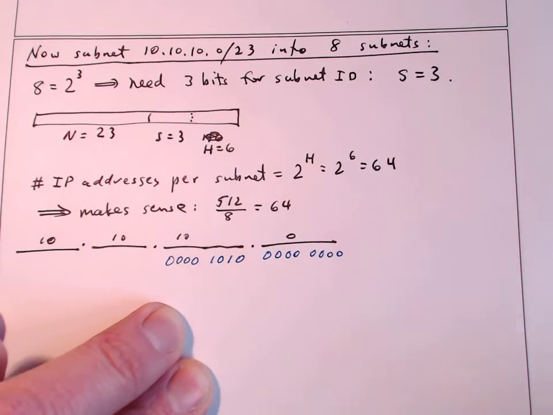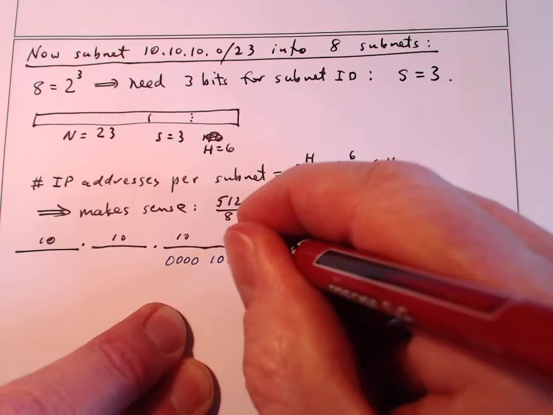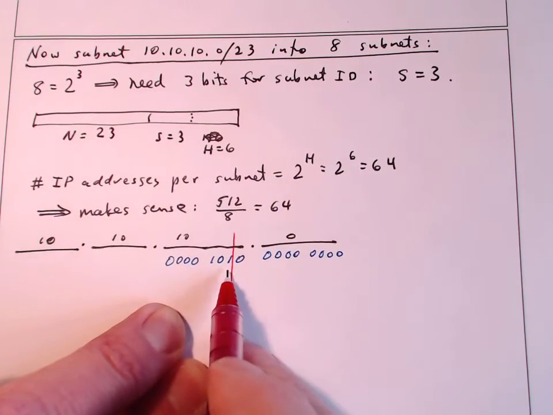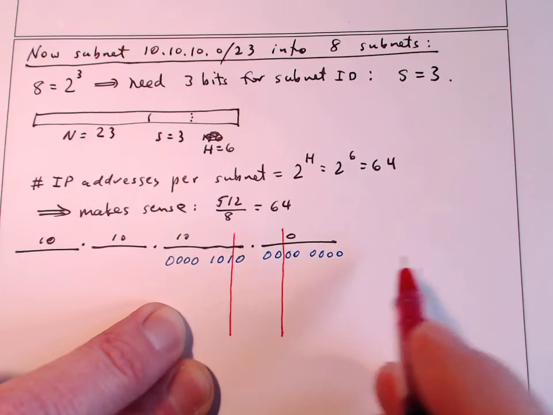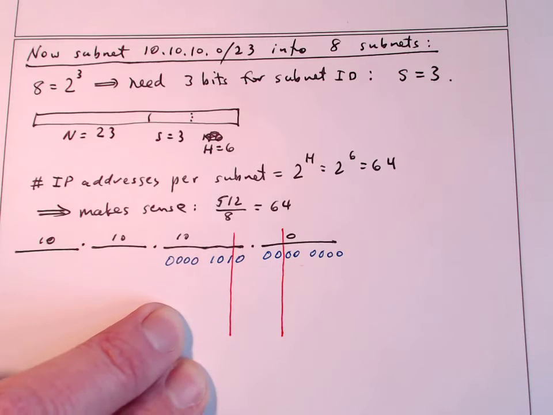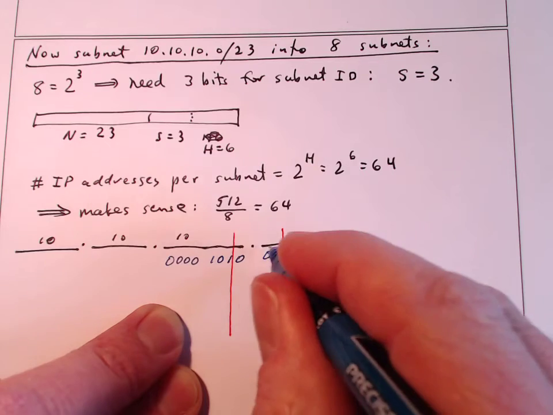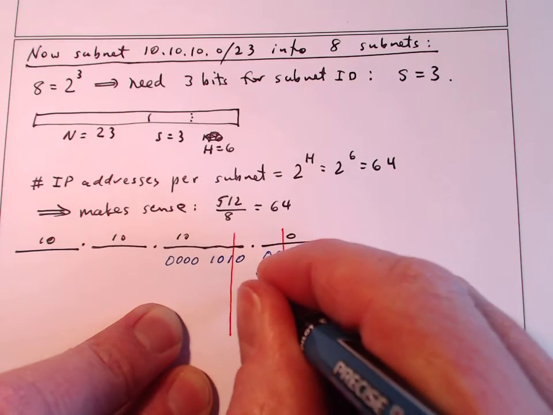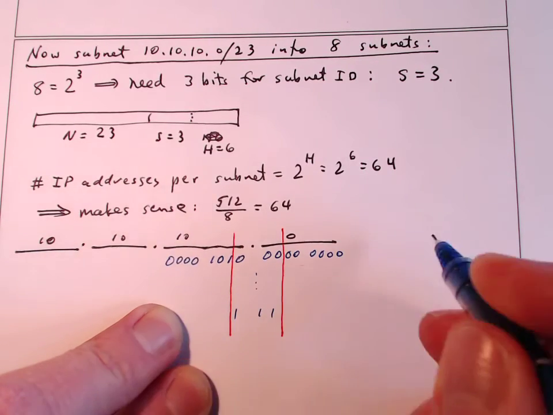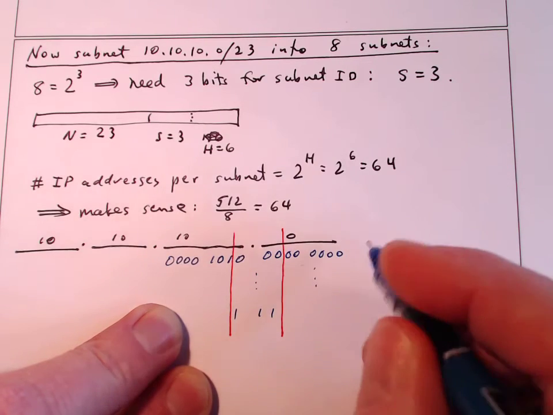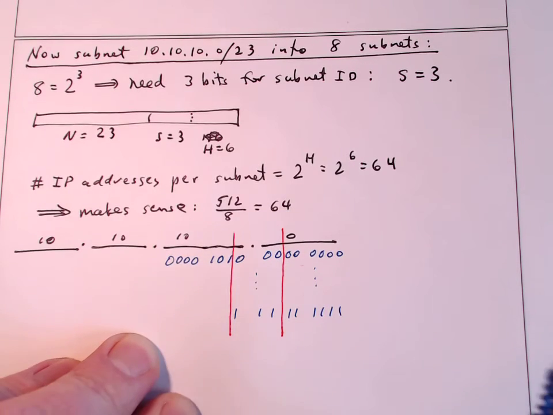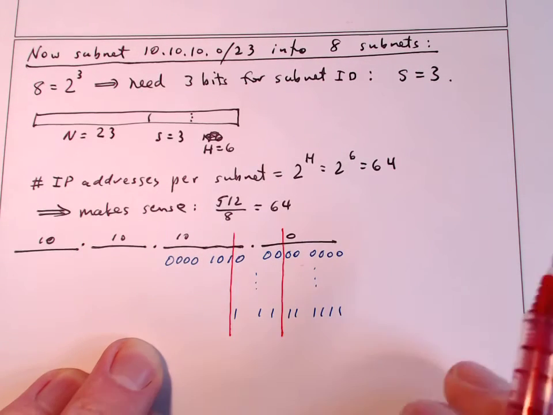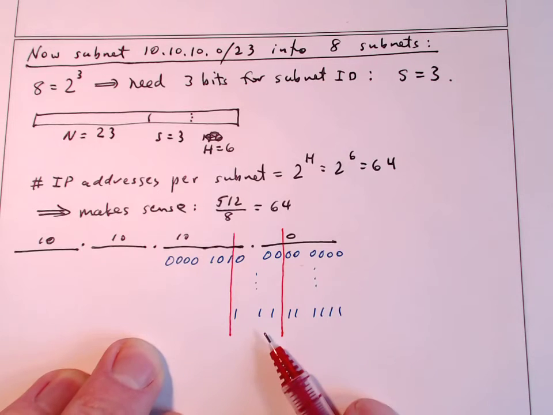Now we have 23 bits for the network, 3 bits for the subnet, and 6 bits left over for the hosts. The subnets are going to range from 000 up through 111. The hosts are going to range from 6 zeros up through 6 ones. And we have to figure out what these values are.